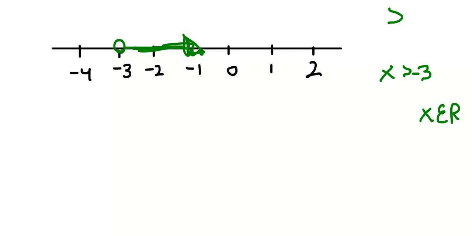Now, if I change this question to x element Z, x element Z means that I'm only allowed whole numbers, haven't I? So because I'm only allowed whole numbers, I'm not allowed a line. So it'll start at minus 2 because that's the nearest whole number that's bigger than minus 3, and then it carries all the way over.